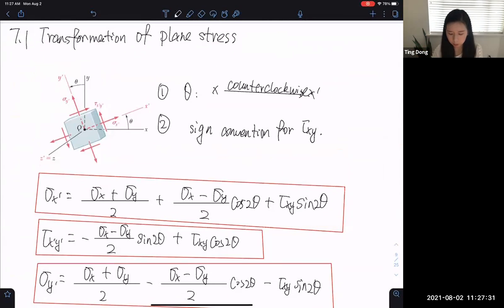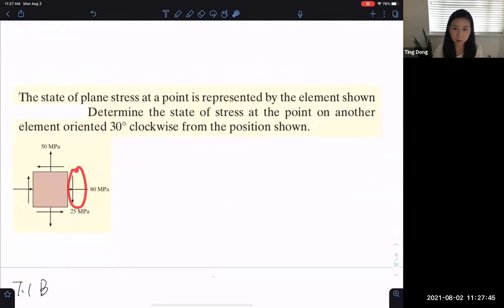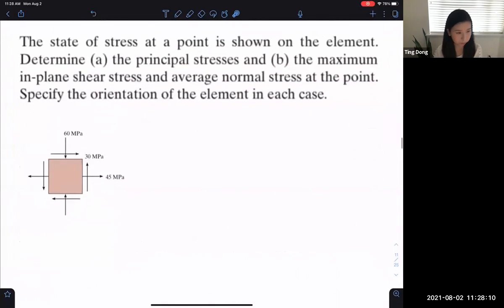For tau xy, we use the second-order tensor as the sign convention. Basically, if it's on the positive surface and in the positive direction, it's positive. For example, this one is on the positive x surface but in the negative y direction, so we should put negative 25 into the equation. And this one is on the positive x surface and in the positive y direction, so we put positive 40 into the equation. All the rest are the same.